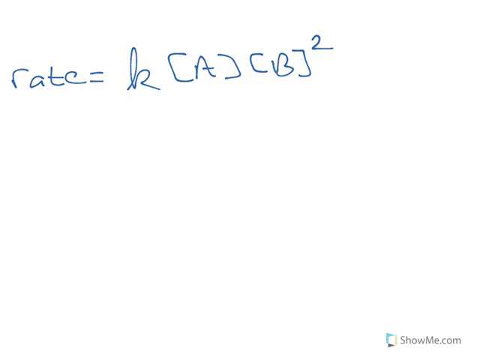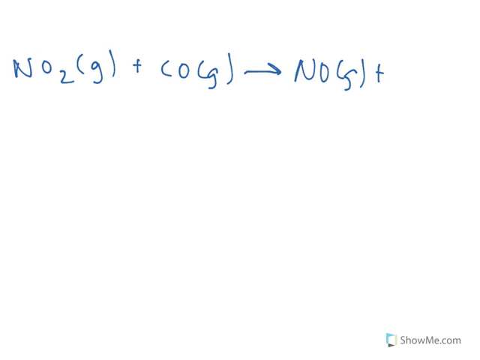Okay. So we don't always deal with A's and B's and pretty numbers. All right? What we actually have is real chemicals and real data. So what I want to do now is look at a real chemical reaction of NO2 gas plus carbon monoxide gas going to NO gas plus CO2 gas.